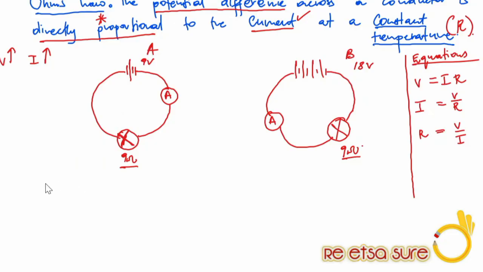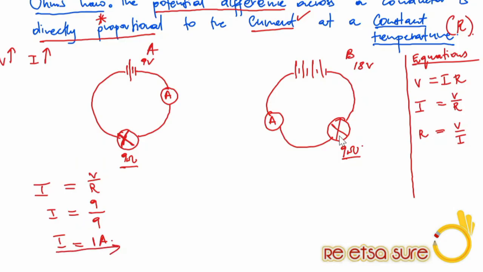I equals V over R. What is my V this side? My V here is 9. And what is my R? My R is 9. When I divide 9 by 9, our answer is 1. Remember that current is measured in amperes.